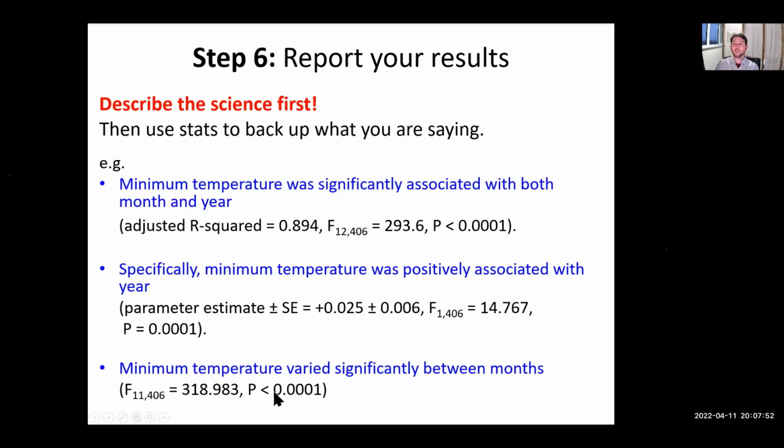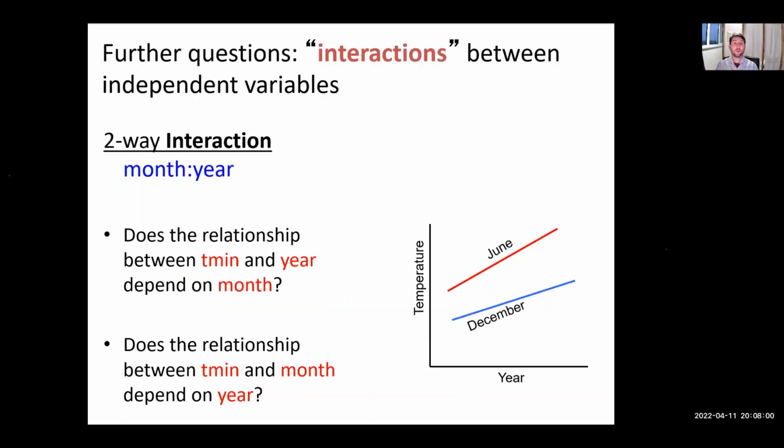And then also temperature varied significantly between months. And again, this is overarching, so we can report that. And we can then go on to report the contrasts and say specifically in 2000, for example, in June, it was 8.78 degrees warmer than the mean January temperature in the year 2000.